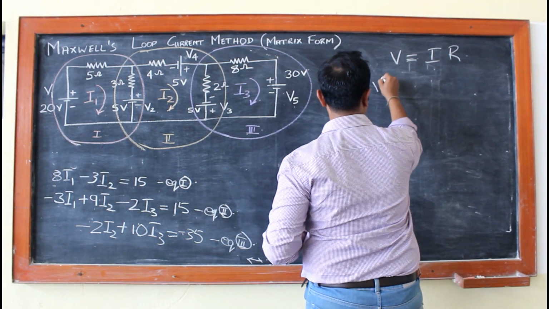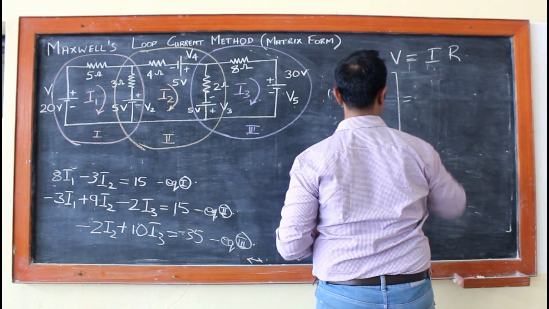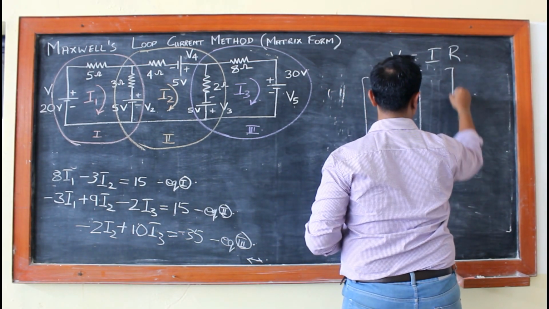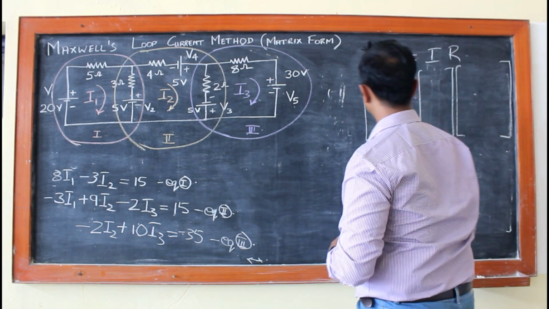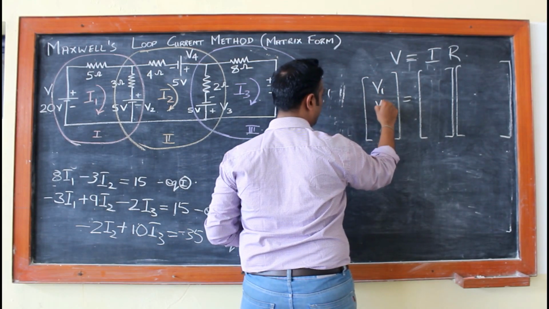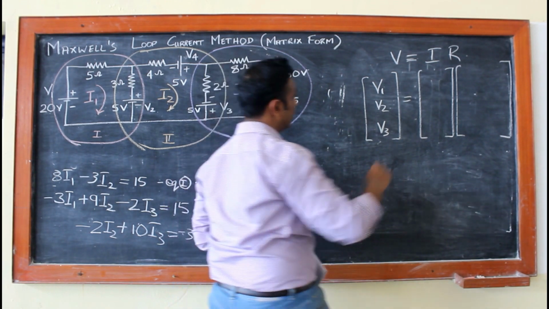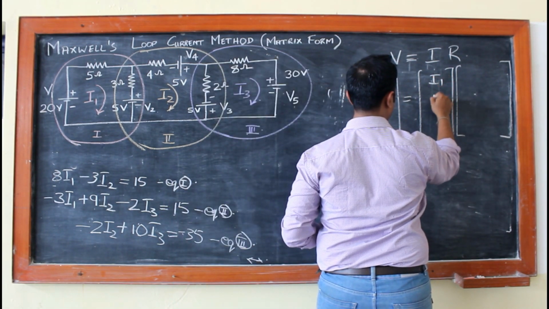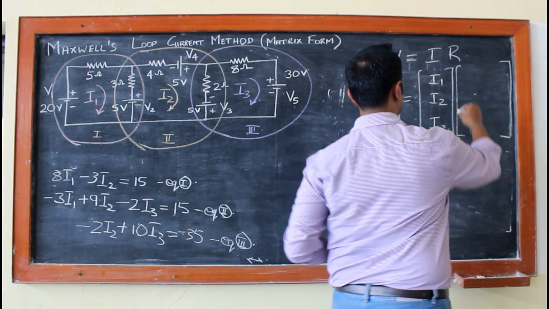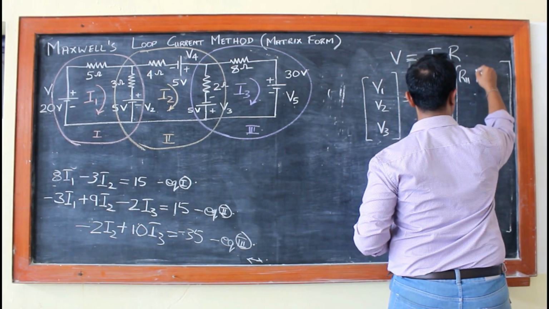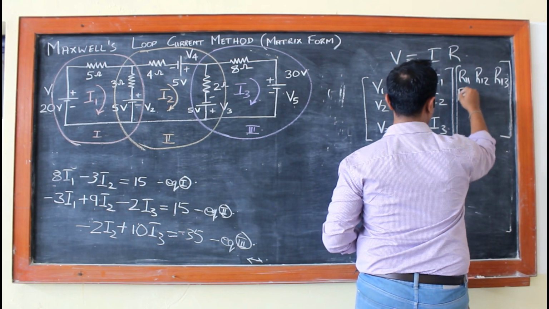So in our matrix form we have V1, V2 and V3, and I1, I2 and I3. The same way I have R11, R12 and R13.